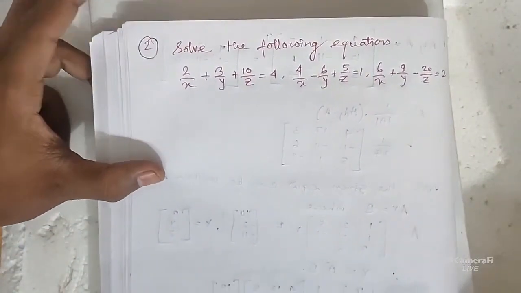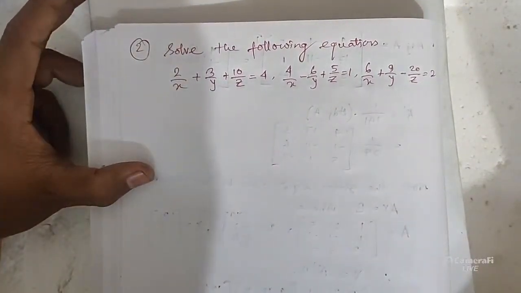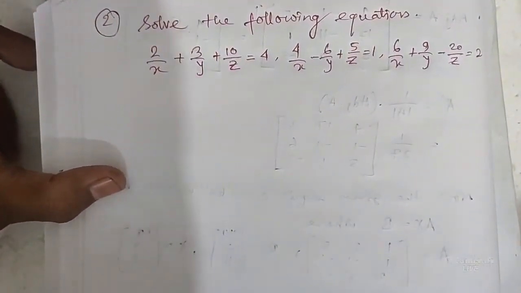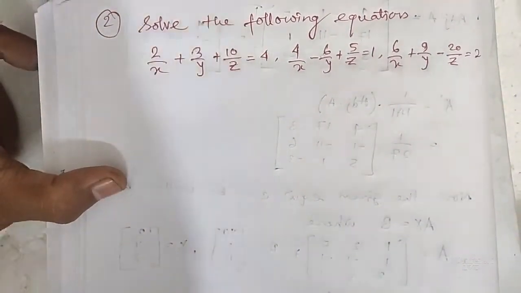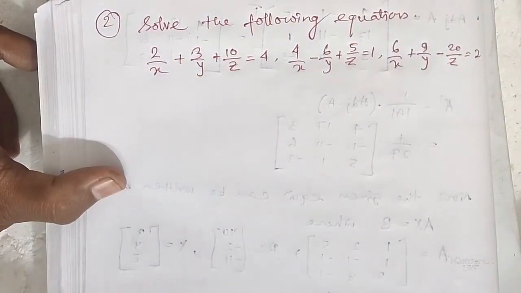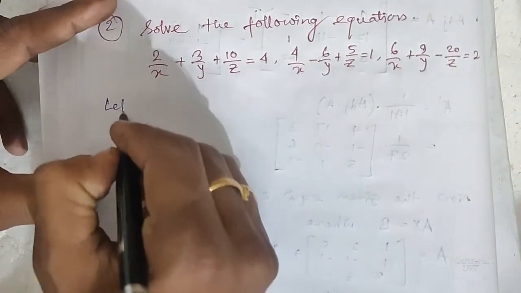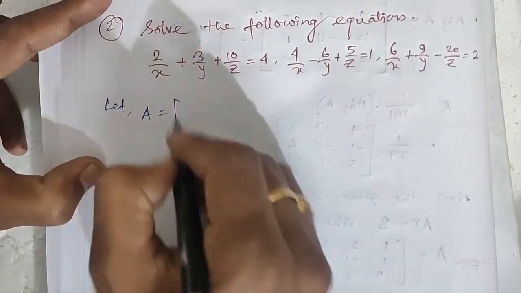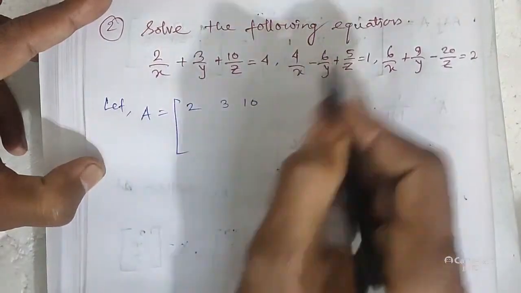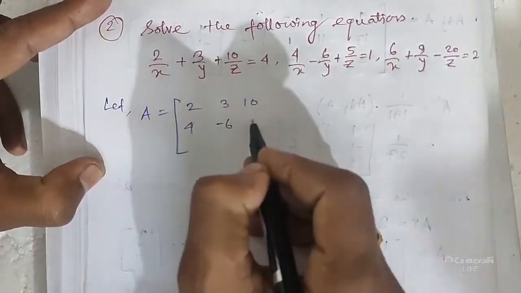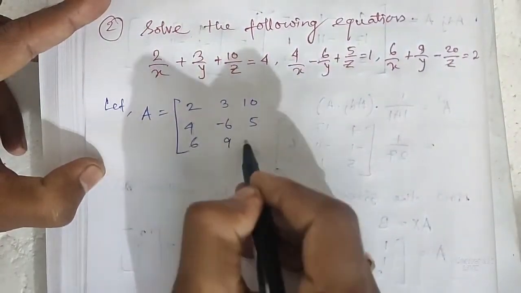Now in this case, how to solve? Whenever the variables are fractions, here also in the same way we have to solve. Just the X matrix, here we will take 1 by x, 1 by y and 1 by z. Let coefficient matrix A equal to 2, 3, 10; 4, minus 6, 5; 6, 9, minus 20.